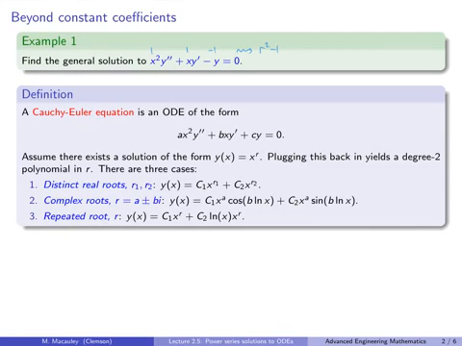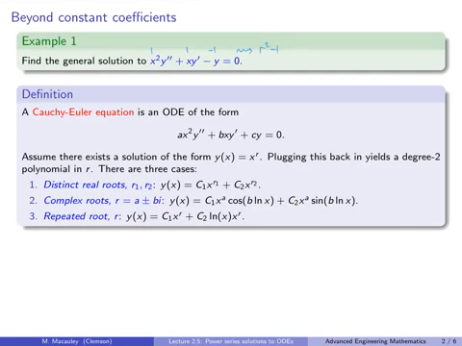Then the general solution is y of x equals c1 x to the r1 plus c2 x to the r2. When there are complex roots, let's call them a plus bi.